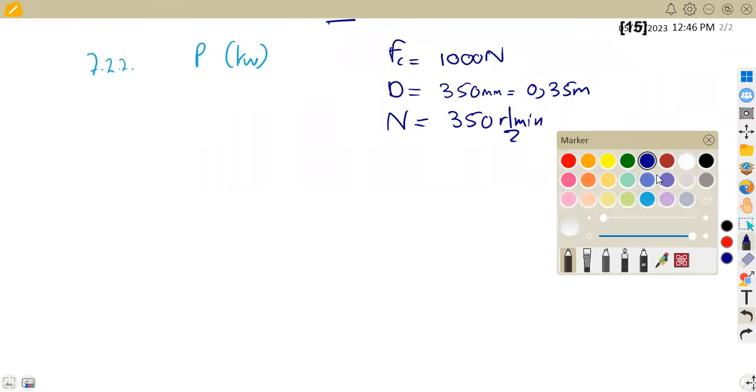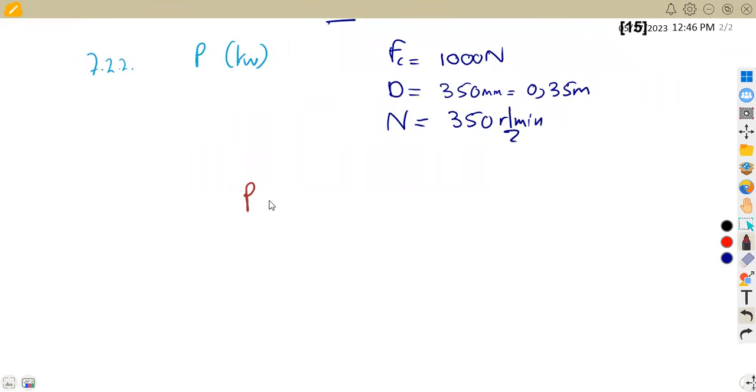Remember, I said power can also be calculated from 2 pi nT over 60, where T represents the torque, that is the force times the radius or the perpendicular distance. So with the torque that we can calculate from the force times radius, we've got the force and we've got the diameter.